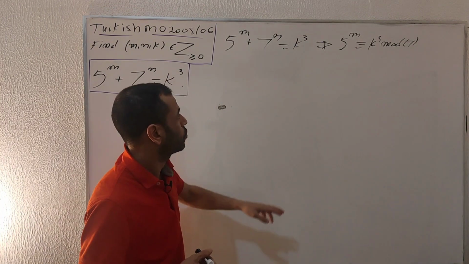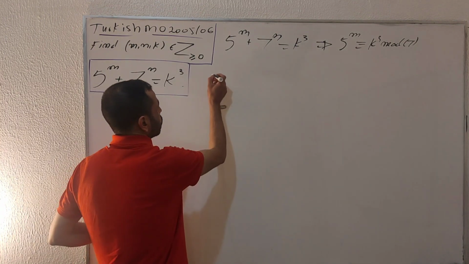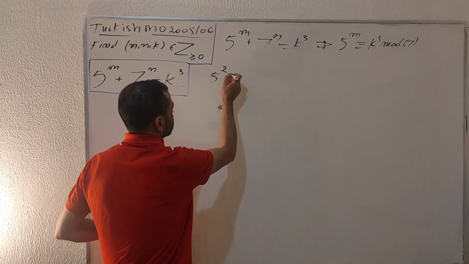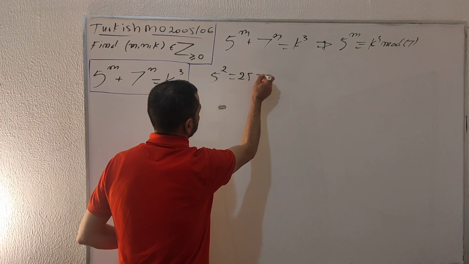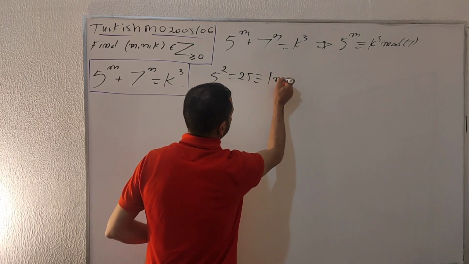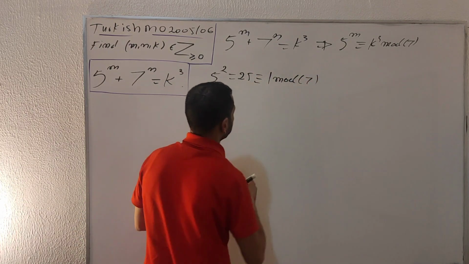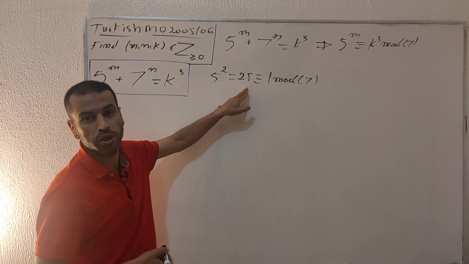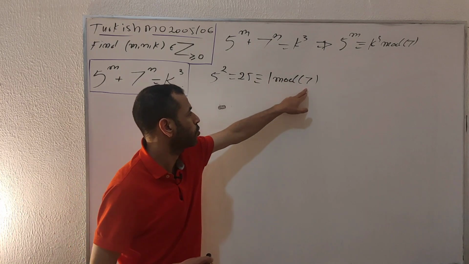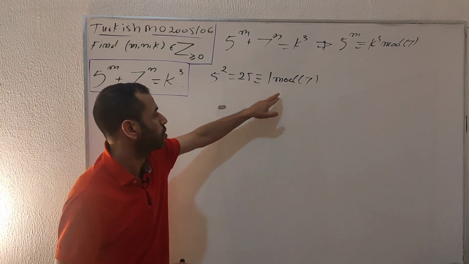So next up, if you take a look carefully here, we have 5 squared, which is 25, is congruent to 1 mod 7. If you calculate this difference, we have 25 minus 1, which is 24. 24 is a multiple of 7, or 24 is divisible by 7.